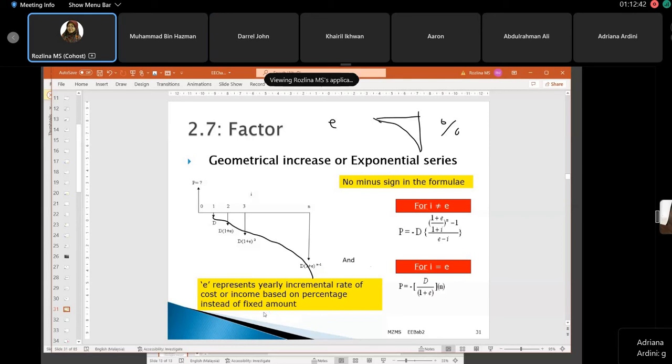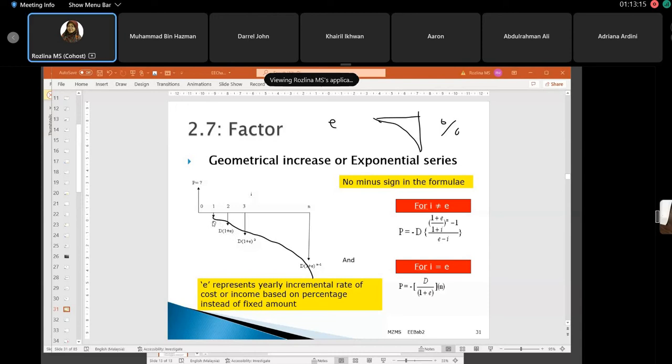Incremental rate. Yes, G. If it is incremental and fixed, it is not A. A is the payment every year. But now incremental. Incremental means the addition every year. Okay, incremental rate of course is based on the fixed amount. That one is G. But if the incremental rate is in the percentage, then you use E.